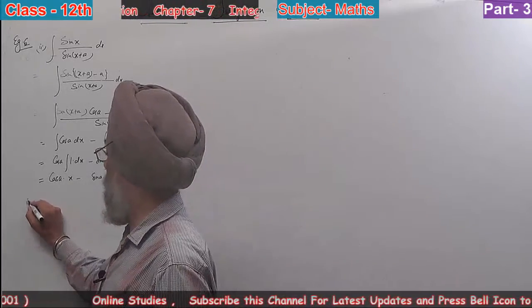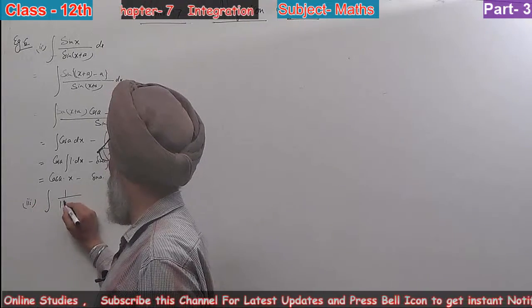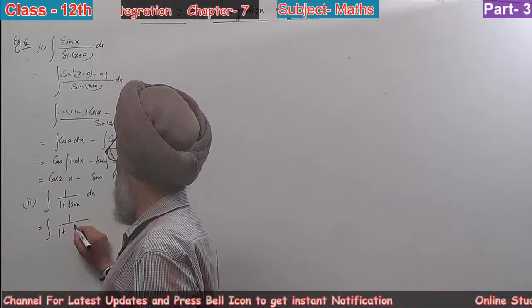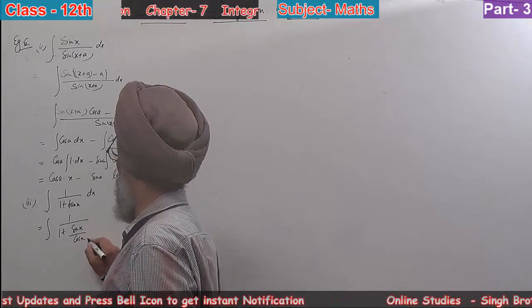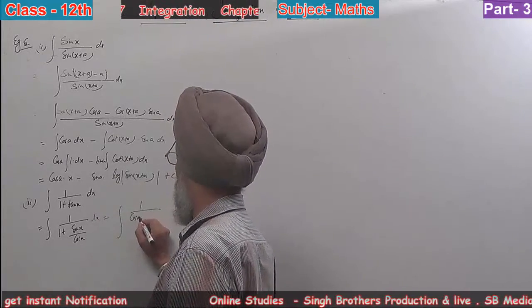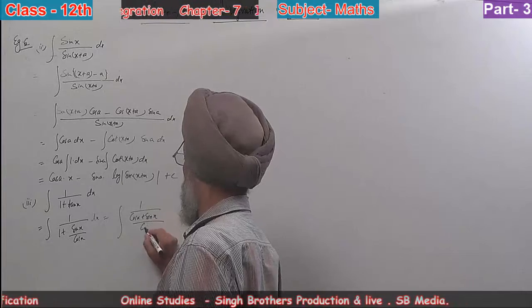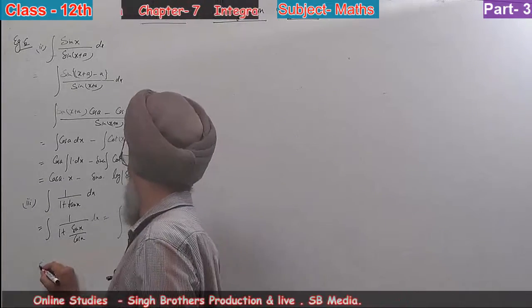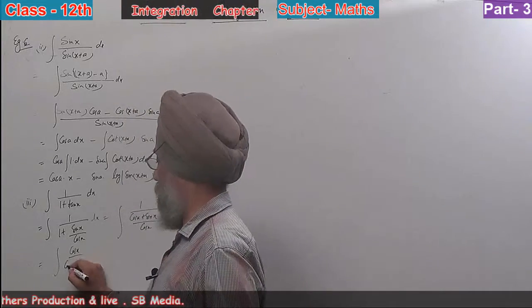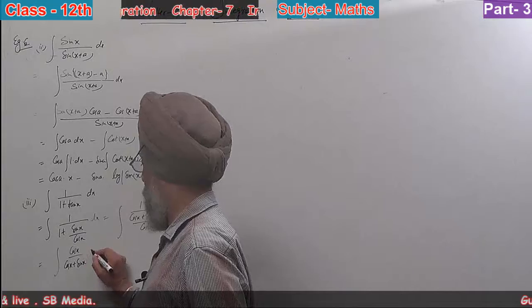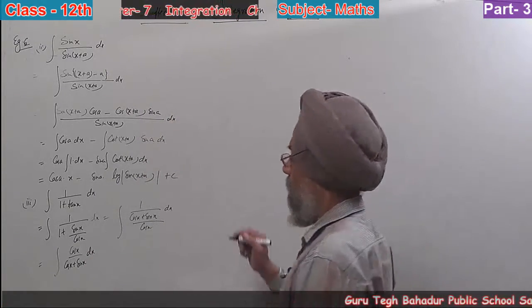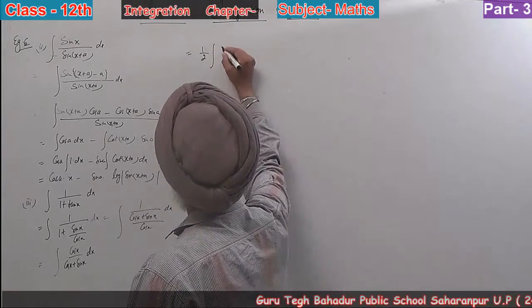In the third part, it is given integration of 1 upon 1 plus tan x. Now tan x can be written as sin x upon cos x. Further, 1 upon it becomes cos x upon cos x plus sin x. To solve it, we have to apply a trick. We multiply by 2 and divide by 2.